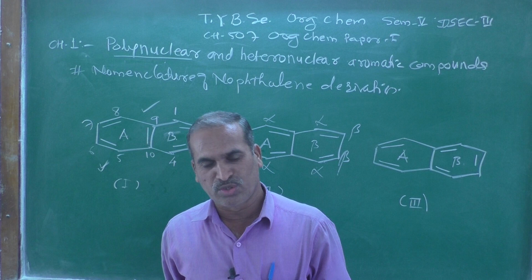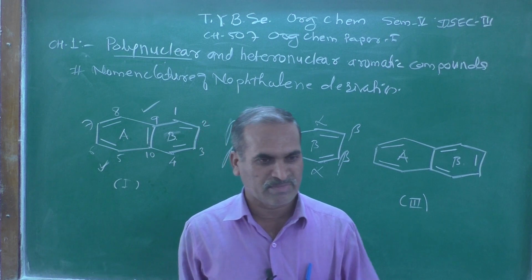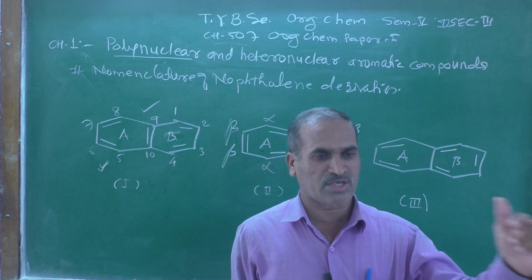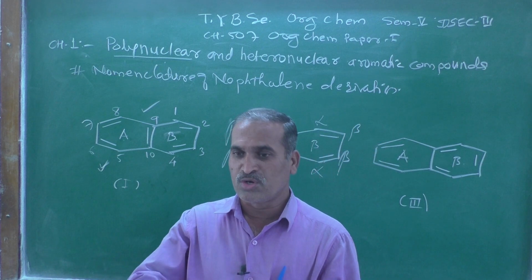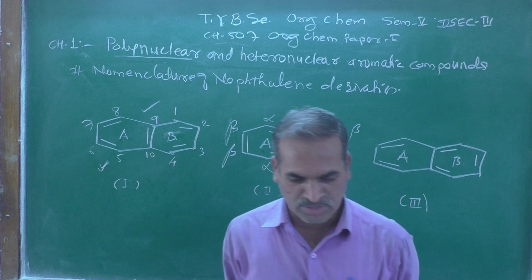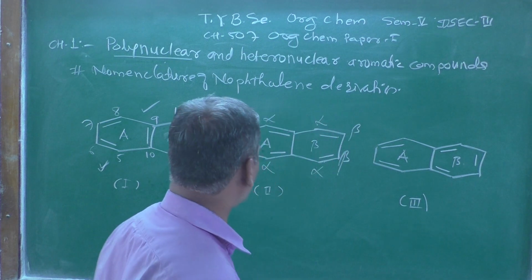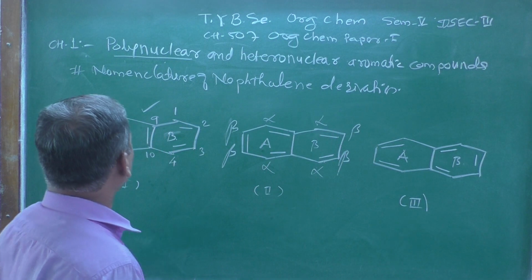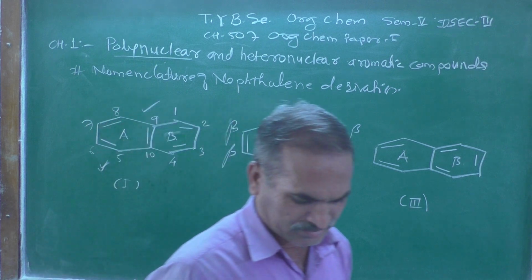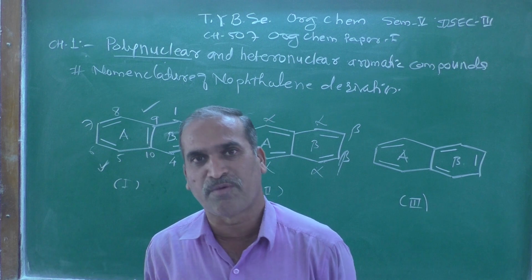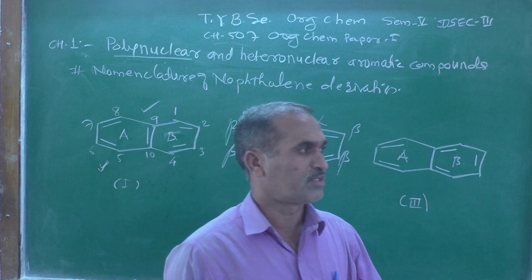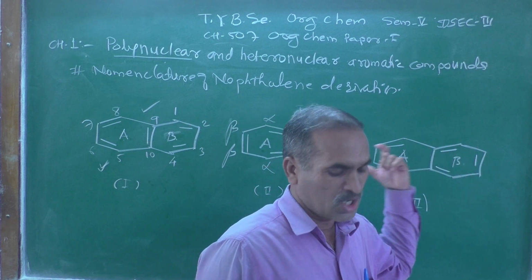And as we know, or you should remember, as the number of resonating structures goes on increasing, the stability of that compound goes on increasing. So you should remember this one statement regarding aromatic compounds. So naphthalene can be represented by three resonance forms, first, second, third, which are represented on the blackboard.